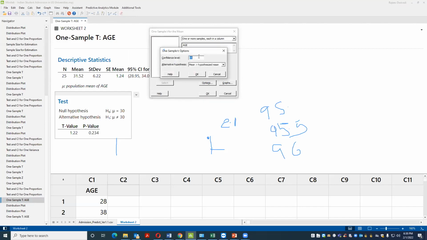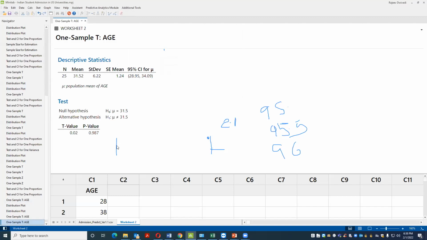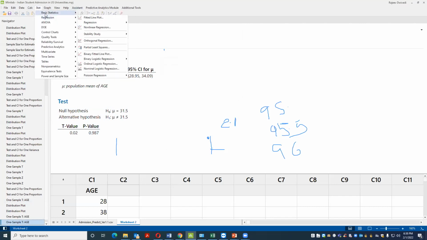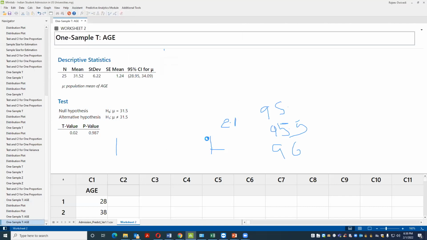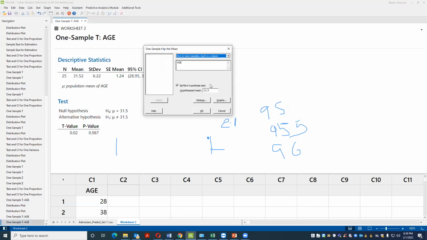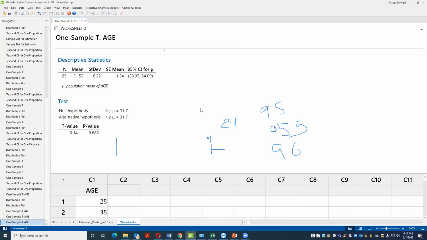And the rest, so 31 point, t value is 0.0 and p value is, so even again this is getting accepted. But if I do a little bit more, let's say I am saying the average age of all the students, even in this case, it is getting accepted.